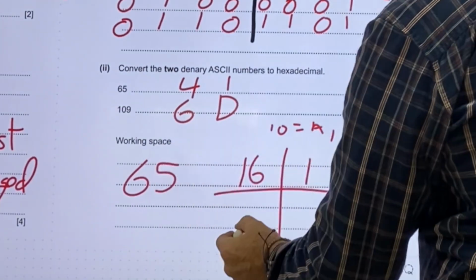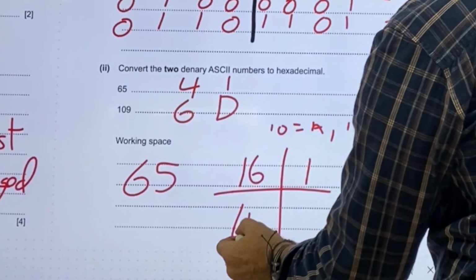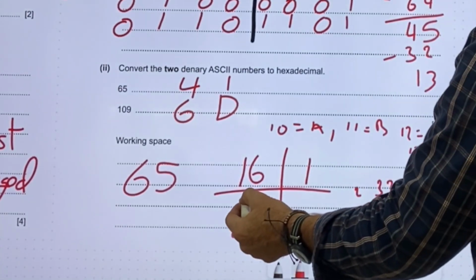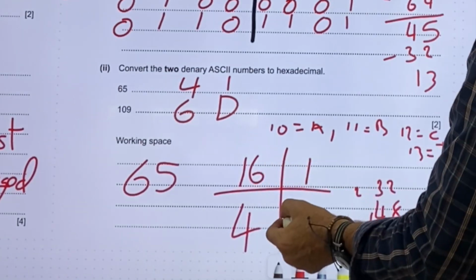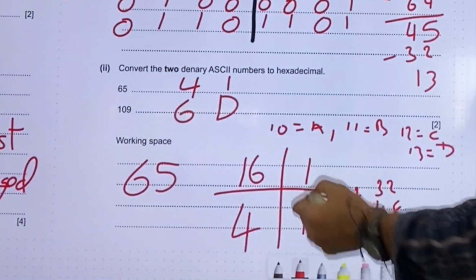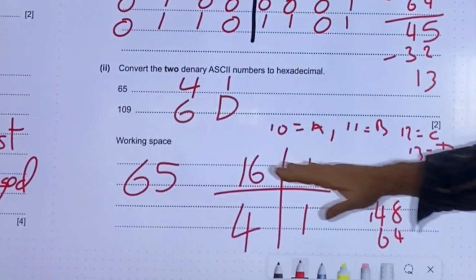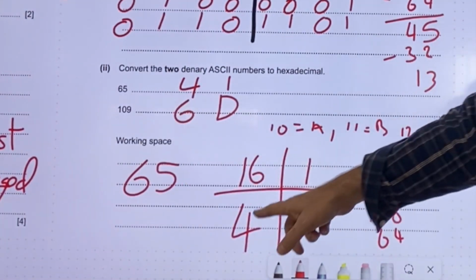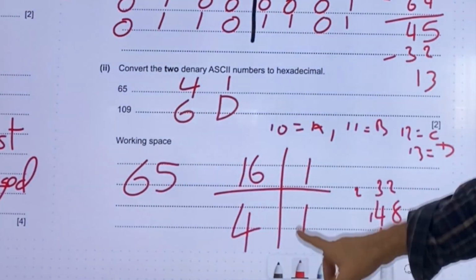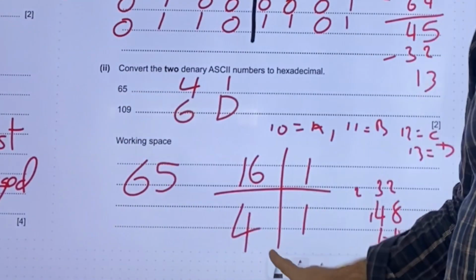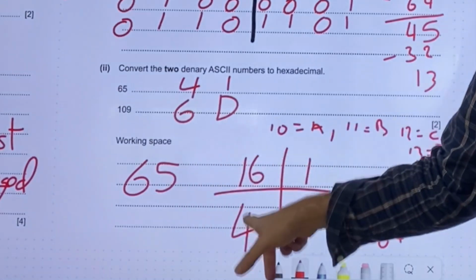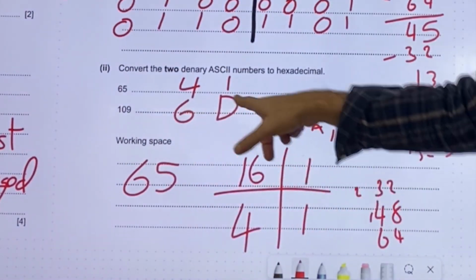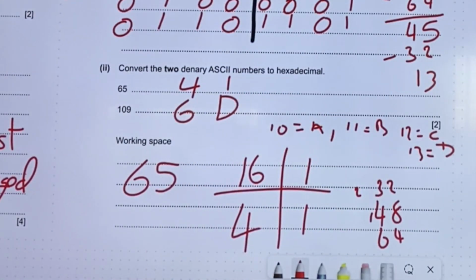So in 65, there are 4 lots of 16. 4 16s equals 64, and then there would be 1 lot of 1. Okay, 4 times 16, 1 times 1. That's how you could do it the other way. How many 16s in 65? How many 16s in 109? In 109, there would be 6 lots of 16, and there would be 13 left over. Okay, that is it for that.